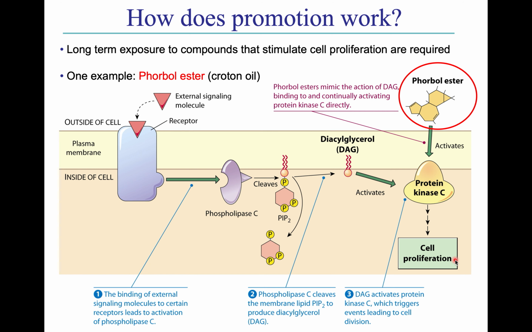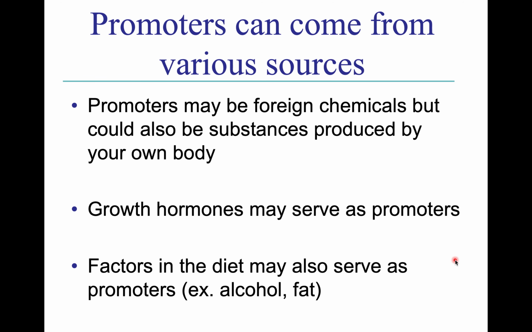So again, you combine that with the exposure to the chemical carcinogen that was mutating DNA, and you end up with this situation where now these mutated cells are dividing. I'll show you an illustration of that in just a second. But do keep in mind, right, these promoters, they may be foreign chemicals, but they could also be things produced by your own body, like growth hormones, or excess growth hormone could serve as a promoting element.